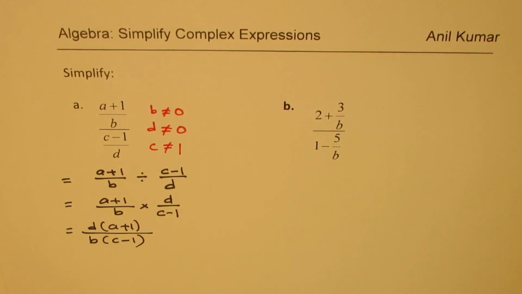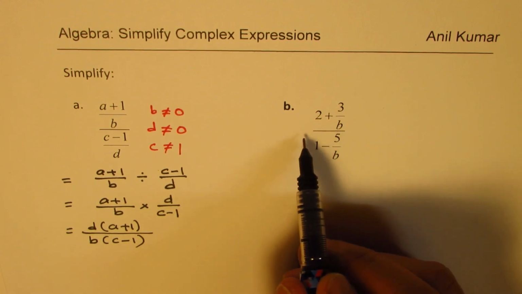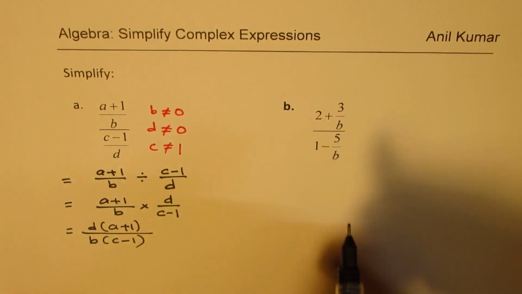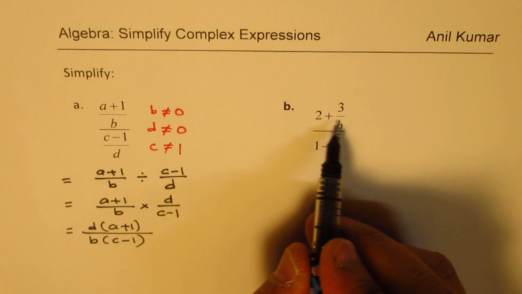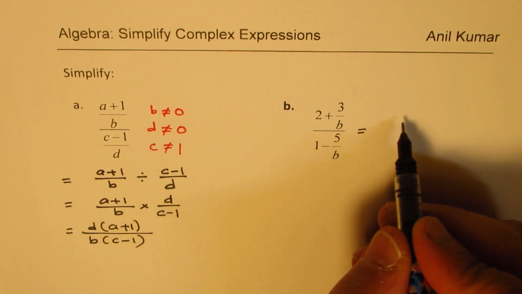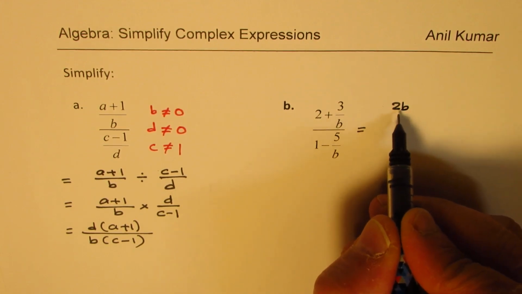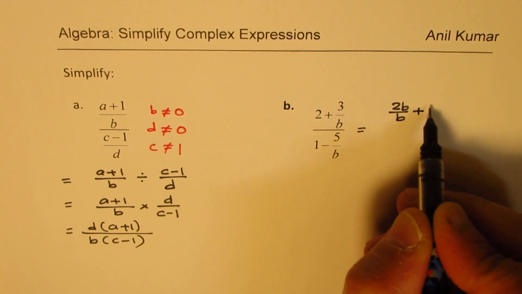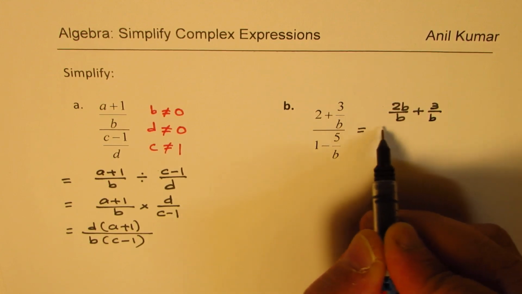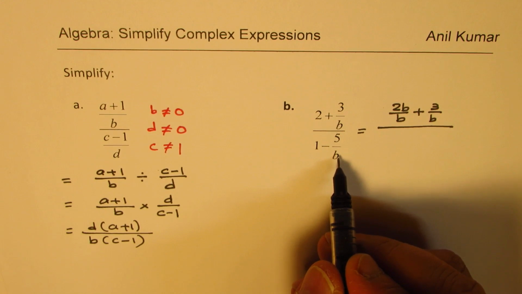Now let's look into the second one. Here we are given 2 plus 3 over b, everything over 1 minus 5 over b. So we'll take a common denominator in the numerator, which will be b, right? So we could write 2 as 2b over b plus 3 over b, right? In the denominator, we will again take b as a common denominator.